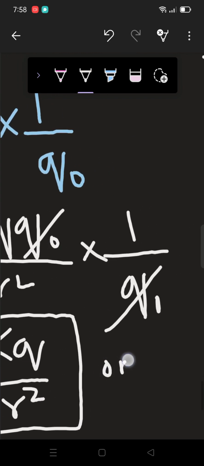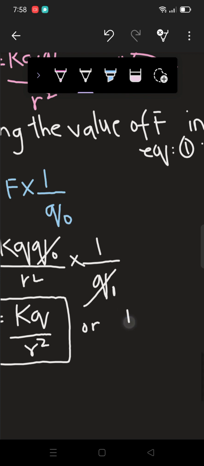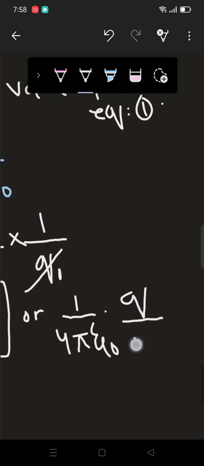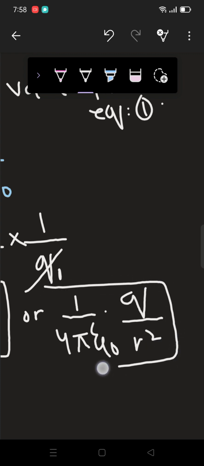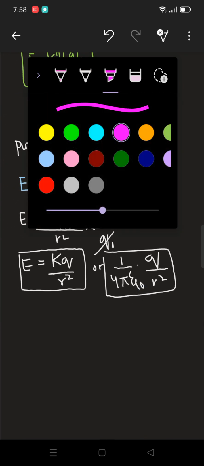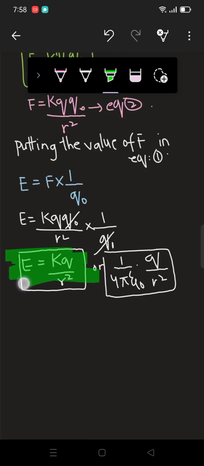Or we can write it as 1 upon 4 pi epsilon naught, since we know that Coulomb's force or electrostatic force is equal to 1 upon 4 pi epsilon naught into q over r square. We can write it as Kq over r square or 1 upon 4 pi epsilon naught into q upon r square. Both would be absolutely right.